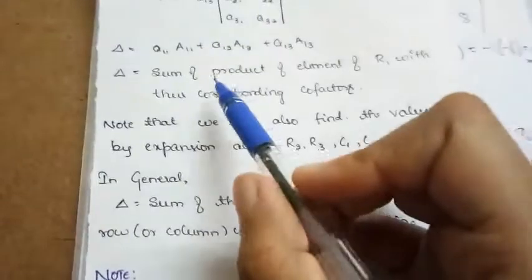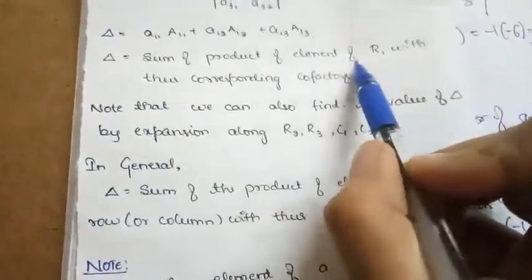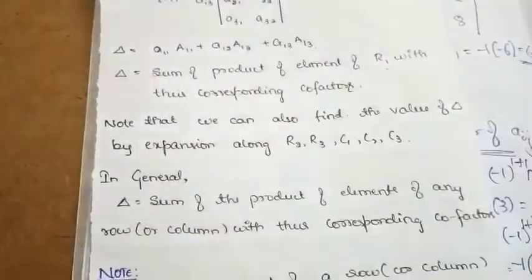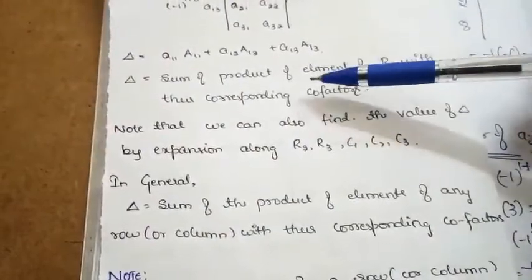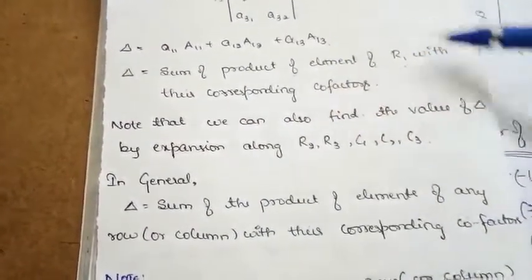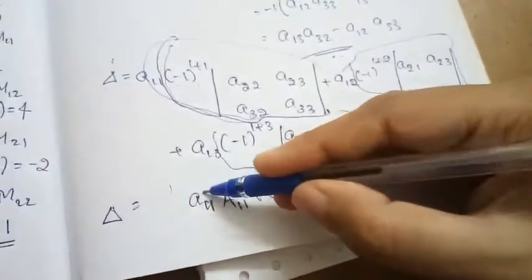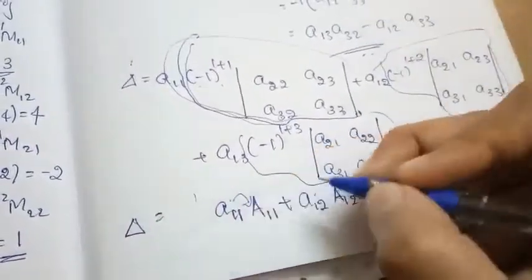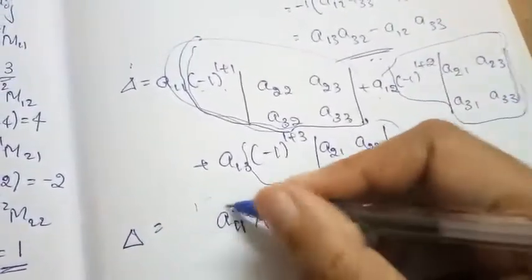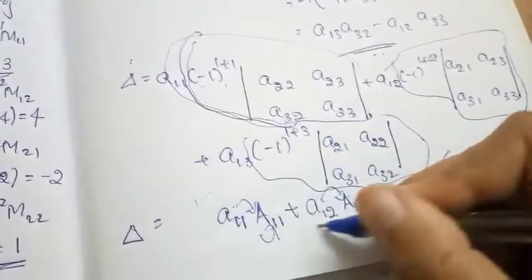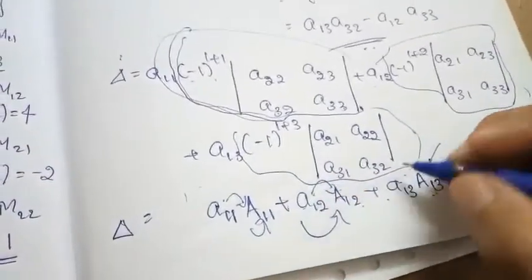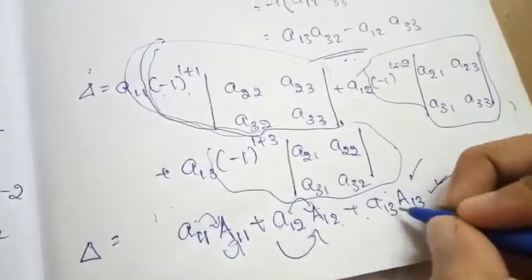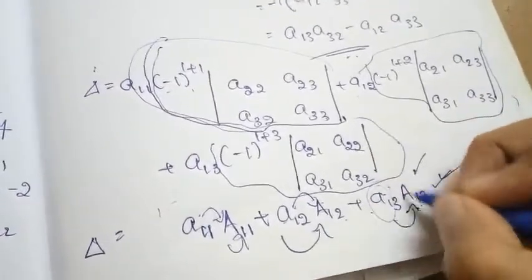So this is a representation. If I say it verbally, it is the sum of the products of the elements of R1 with their corresponding cofactors. So the elements of row 1, that is A11, A12, A13, multiplied with their corresponding cofactors: A11 with capital A11, A12 with capital A12, A13 with capital A13.